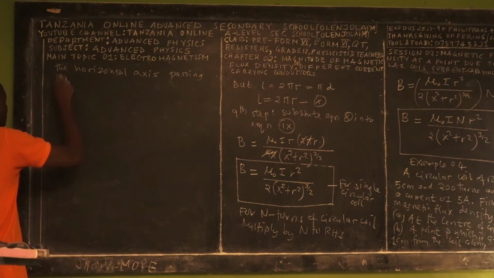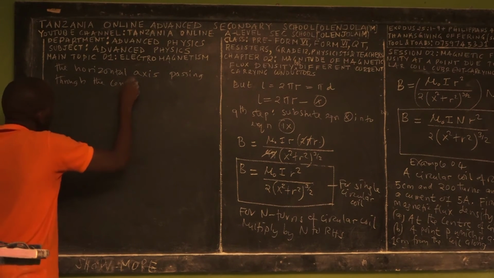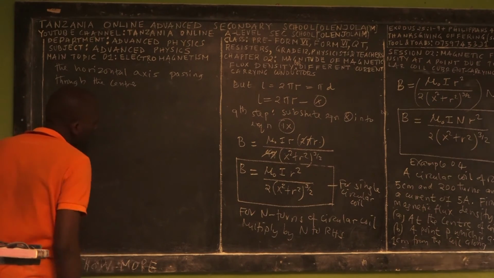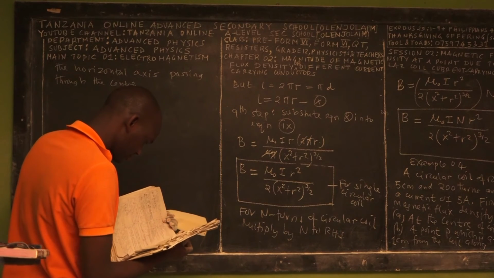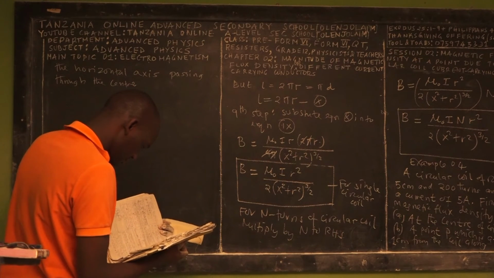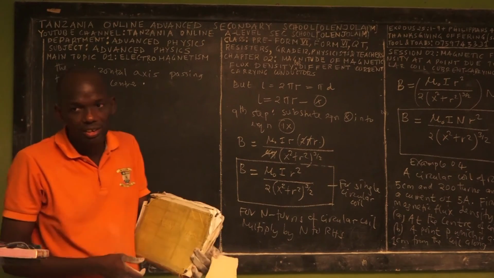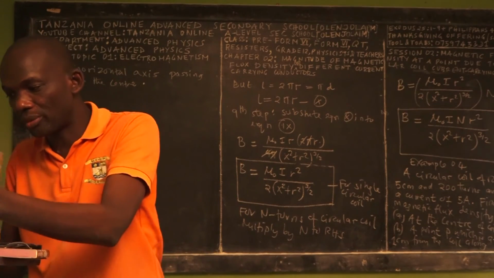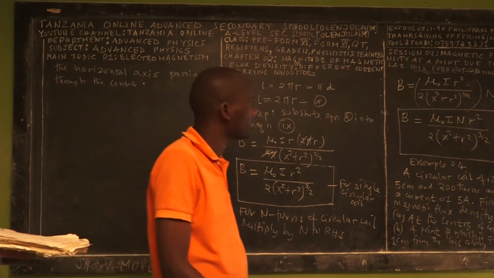Yes, it passes through the center. That's the question. When I finish solving these questions, it will be the end of session 2. You have to join me in the next session, which will be session 3.